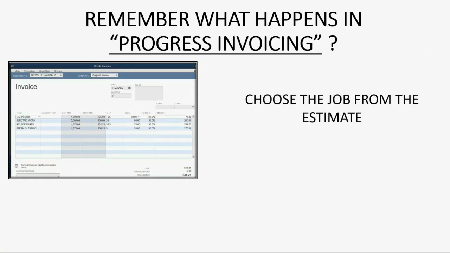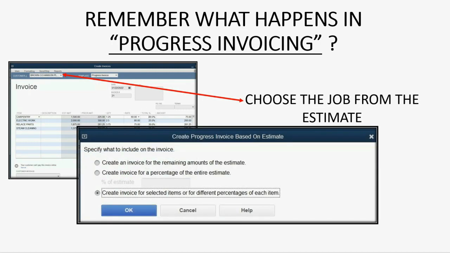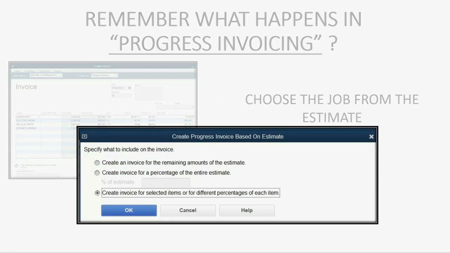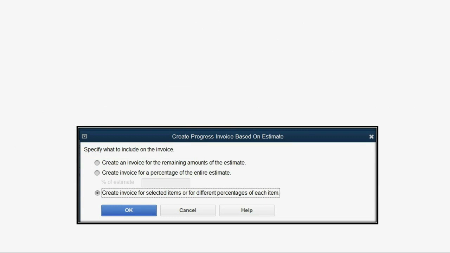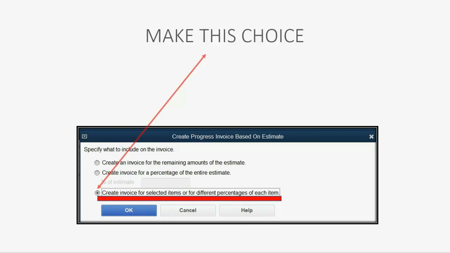Now, remember what happens when we do progress invoicing. As soon as we choose a job with an estimate, this message pops up. And the choice you make if you're doing A.I.A billing and QuickBooks is the bottom choice here. Create invoice for selected items or for percentages of each item.